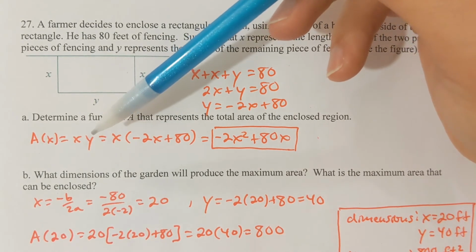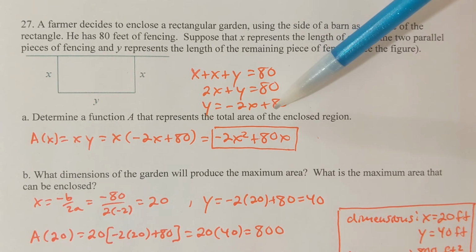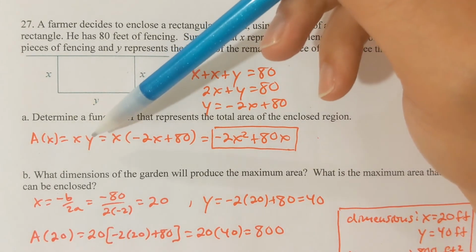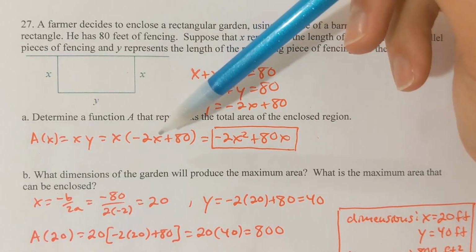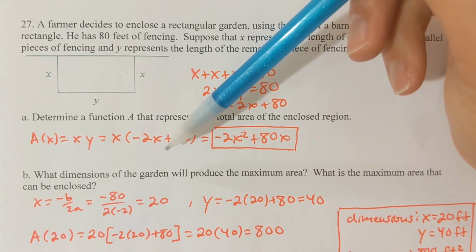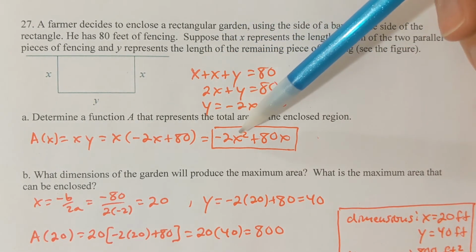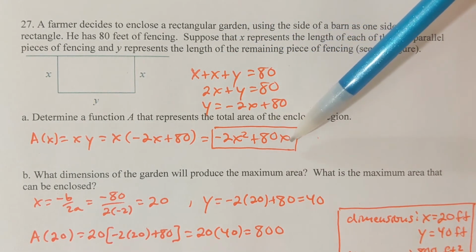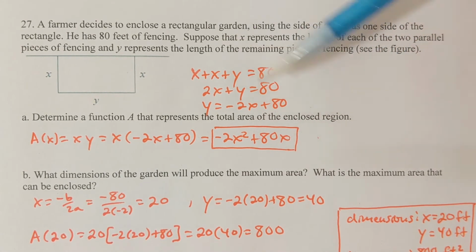I'd like to have only x. Well, I know what y is in terms of x, right? I just figured that out up here. So where I see y, let me go ahead and replace that with negative 2x plus 80. That way everything is going to be in terms of x. When I distribute x into these two terms, negative 2x squared plus 80x, that would be the function that we would circle here, that'd be modeling this situation.